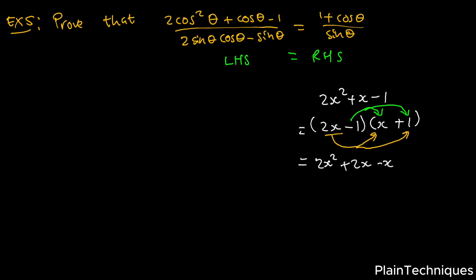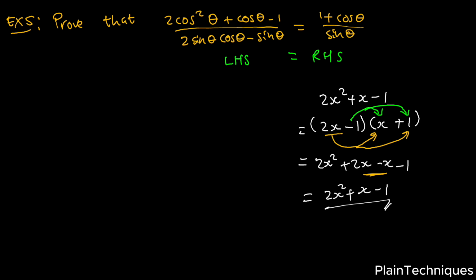And then the last one, minus 1 multiplied by positive 1, that is minus 1. Now, these two right here are like terms. 2x minus x, that is x, right? The answer is x. So then we have the rest of the expression like that.